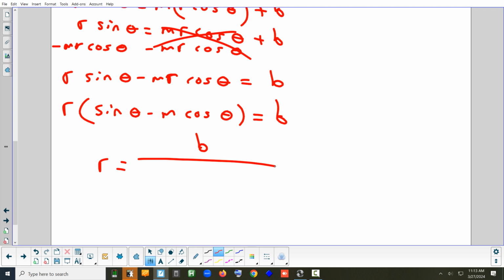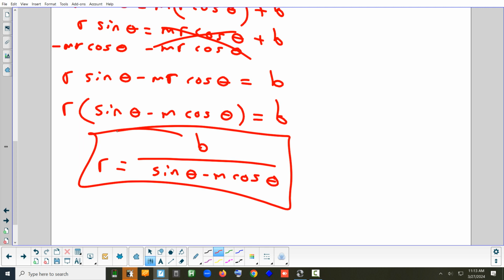Yeah, divide each side by sine theta minus m cosine theta. And that is the equation of a line in polar. It's r equals b divided by sine theta minus m cosine theta.